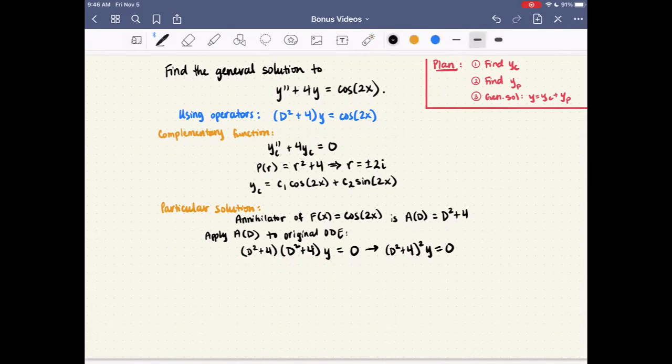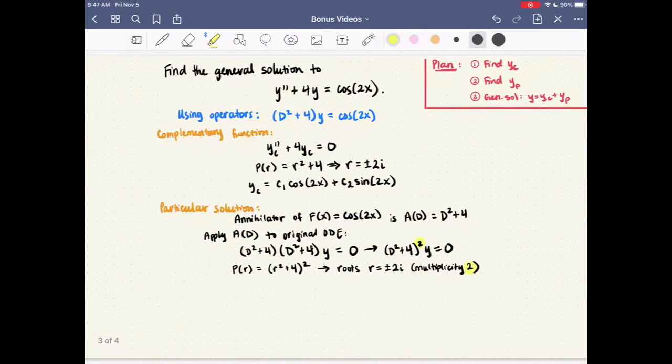Well, that tells me that the solution to this new homogeneous equation is going to come from writing down the polynomial r squared plus 4 squared and finding the roots of this auxiliary polynomial, which has roots of plus or minus 2i, but this time each of those roots has multiplicity 2. By that I mean they're repeated twice because I have this squared here.